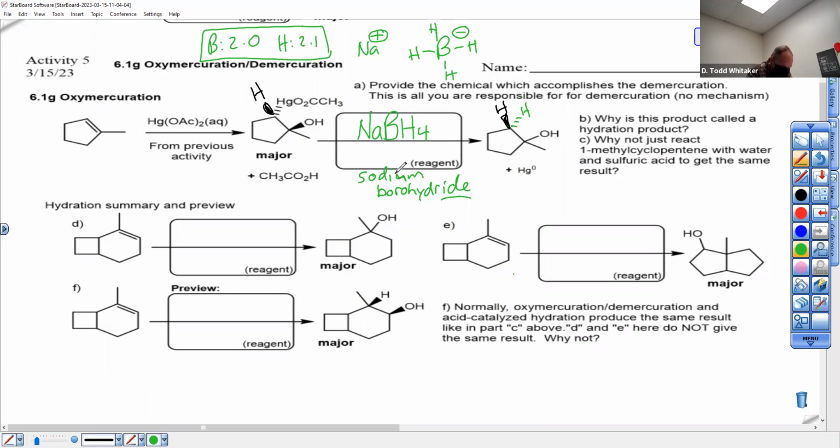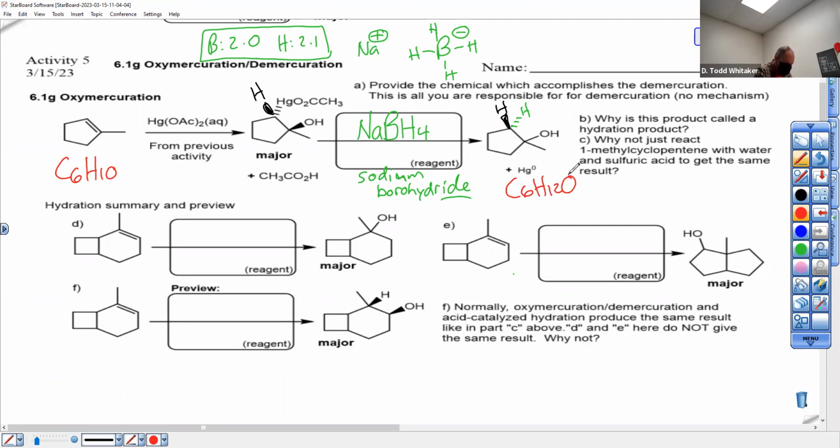And why is the product called a hydration product? Here's your answer. C6H12O. No, it's not C5H8. It's C6, not 12, not 14, but 10. C6H10. And this is C6H12O.